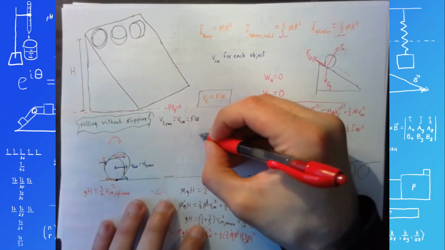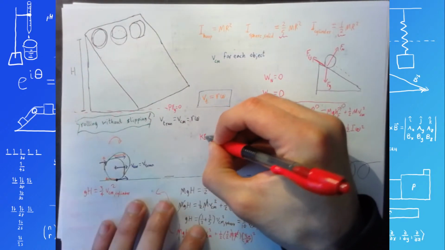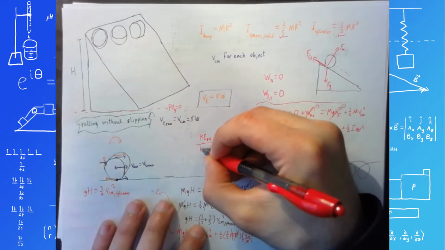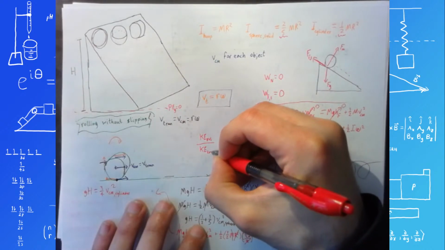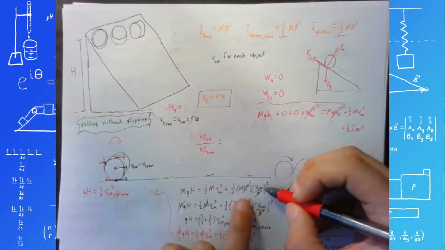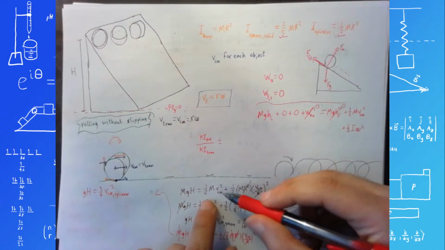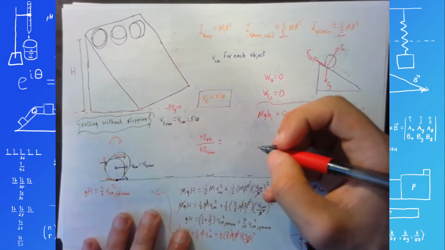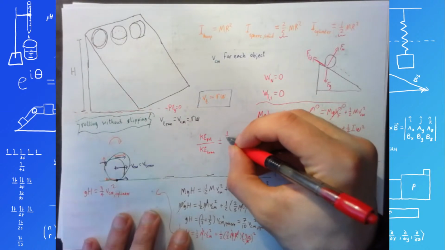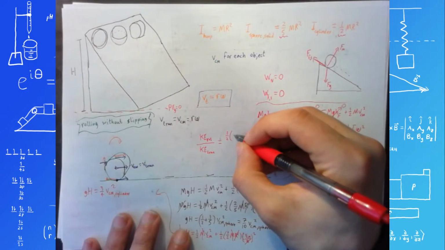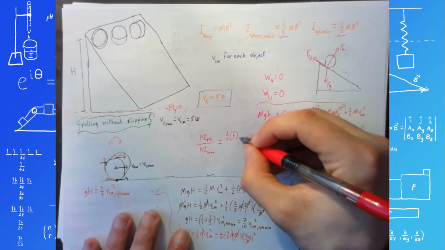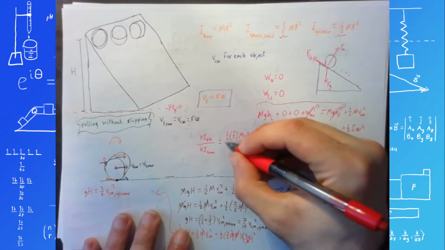So if I do kinetic energy rotational over kinetic energy translational for each of these objects, for the first object, it's 1/2 and then some fraction, I'll just call it f, and then mv squared.